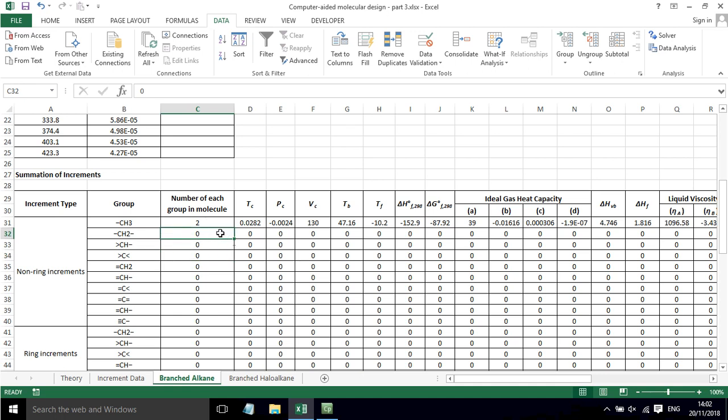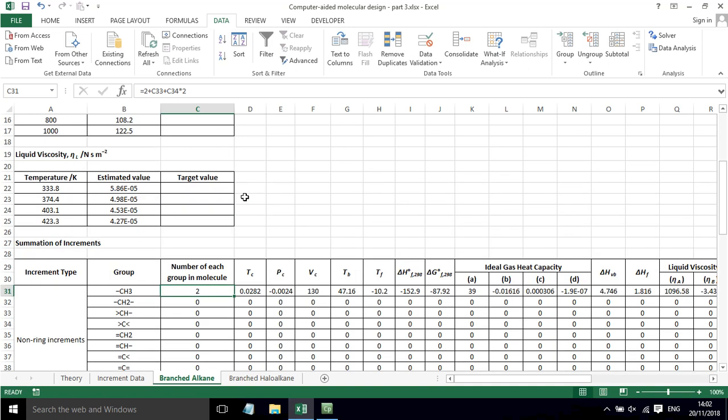So for every CH2 there's no branching, so we don't need extra CH3s, but for this CH group here with 3 bonds to it we're going to get branching, so we'll need extra methyl groups to cap off the different ends of those branches. And for these C groups with 4 bonds, then we'll need 2 times that because we're going to get more branching, we'll need more methyl groups.